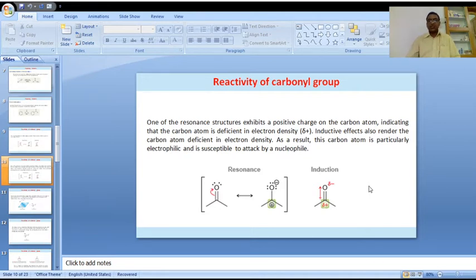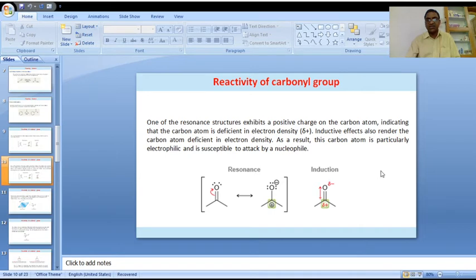Based on these two cases, resonance effect and inductive effect, the carbonyl carbon atom has a positive charge. In that case, the nucleophile attacks very easily on that particular carbonyl carbon.